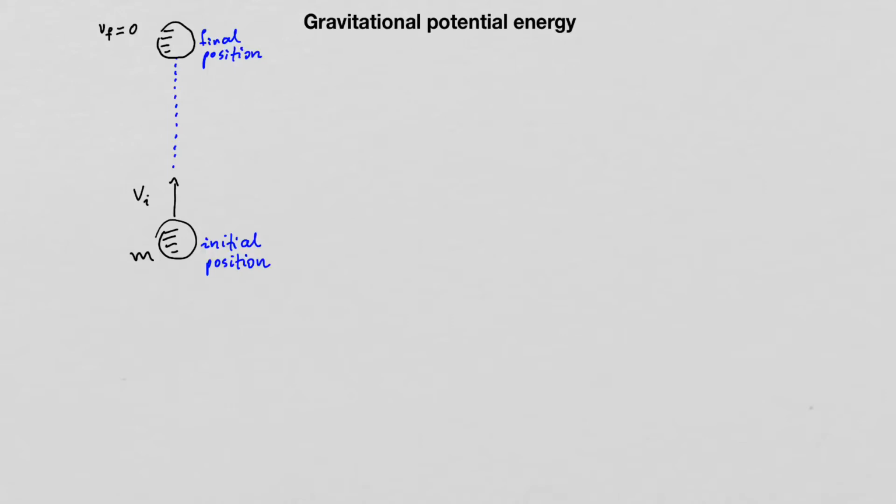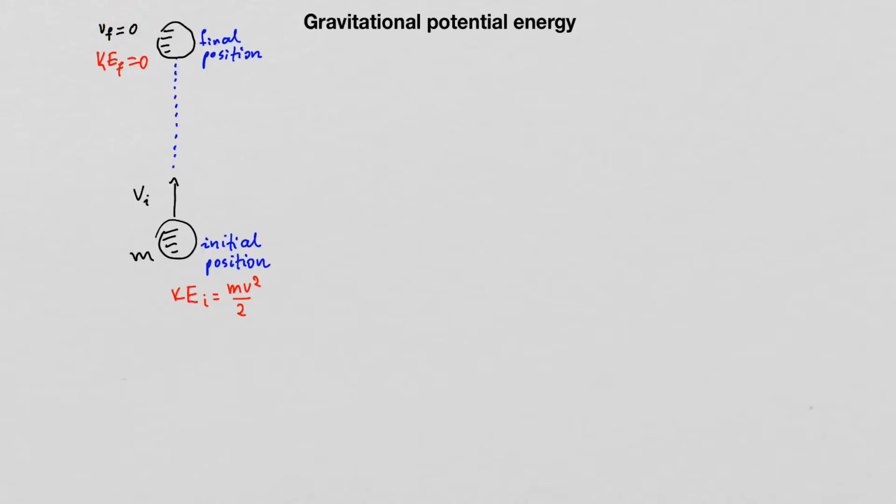At the initial position, the ball has kinetic energy initial, which we know is calculated as mass times velocity squared divided by 2. At the final position, the ball has kinetic energy final, which is equal to 0 because the ball is instantaneously at rest.